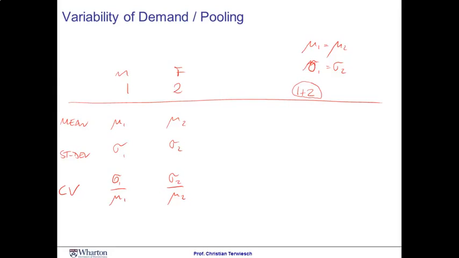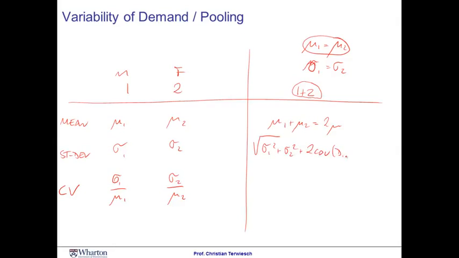Now, what's going to be the demand for company 2 over on the right? The expectation is simply going to be mu1 plus mu2, which, assuming that they are the same, equals 2 times mu. How about the standard deviation? To find the standard deviation of the combined demand, we have to look at the square root of sigma 1 squared plus sigma 2 squared plus 2 times the covariance between demand 1 and demand 2.